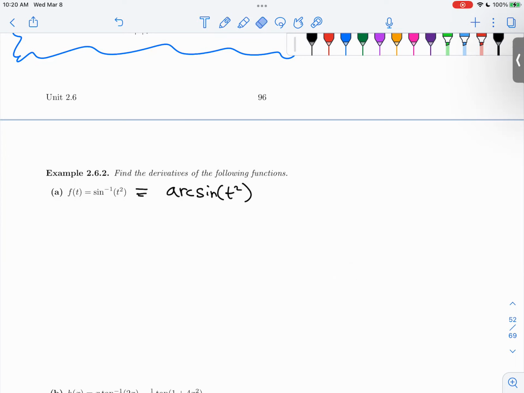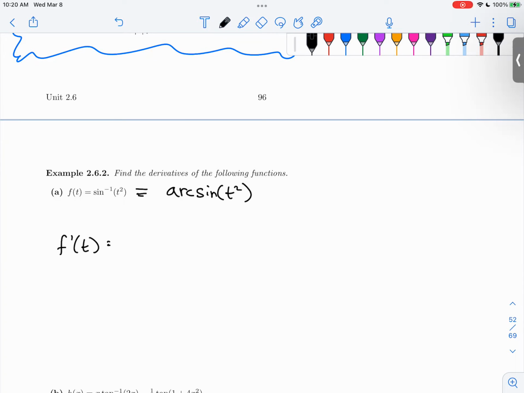So, arcs. The outer function is the sine inverse. So f prime of t. You don't need to know these formulas yet, because we just learned them. But it's 1 over the square root of 1 minus x squared if it was sine inverse of x.